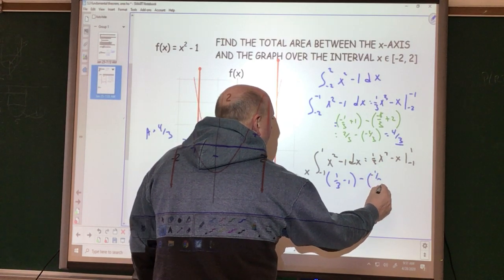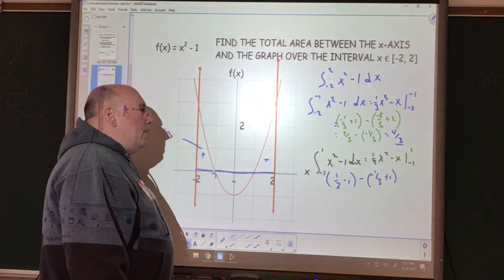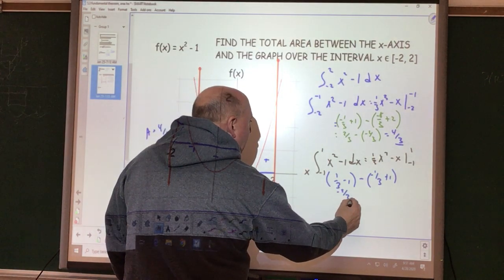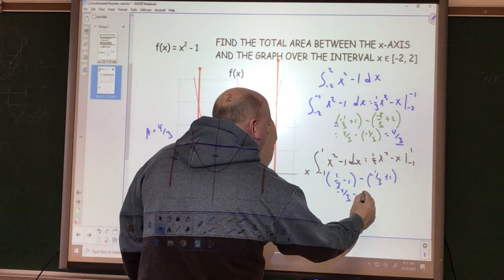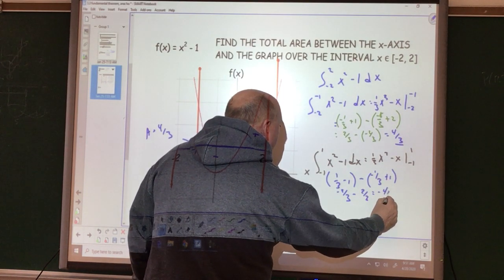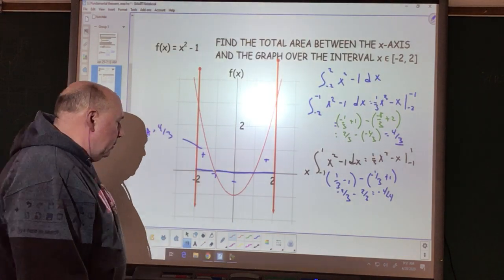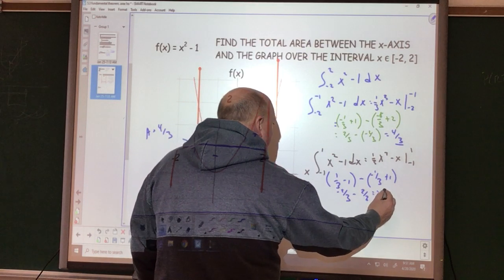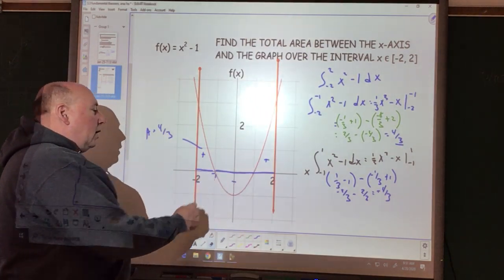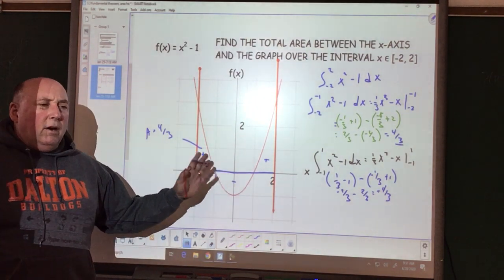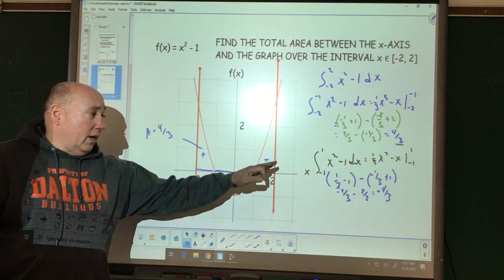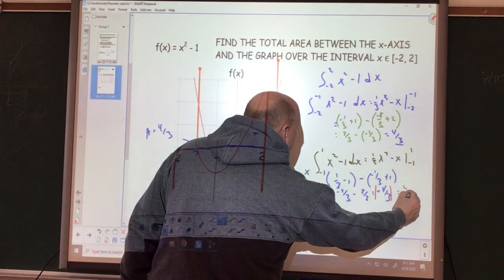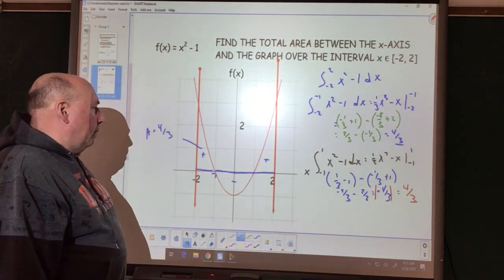So we have -1/3 plus 1. This gives me a -2/3. This gives me minus 2/3. This gives me a -4/3. What we talked about, if I go with this area here and just calculate this area, it's going to give me a negative area. So what we have to do with this is take the absolute value, which gives me another 4/3.